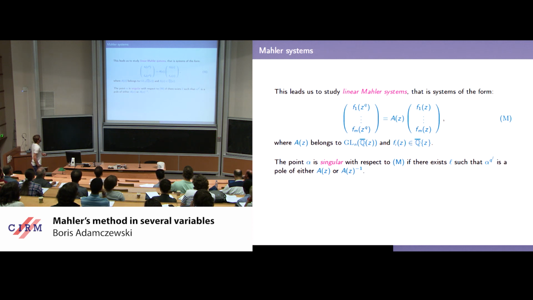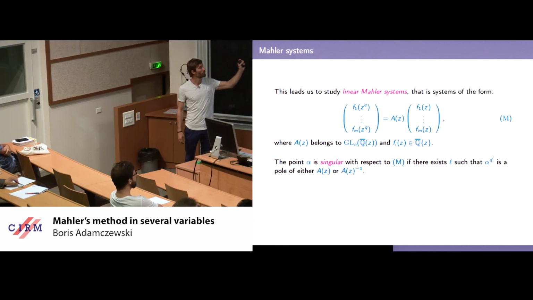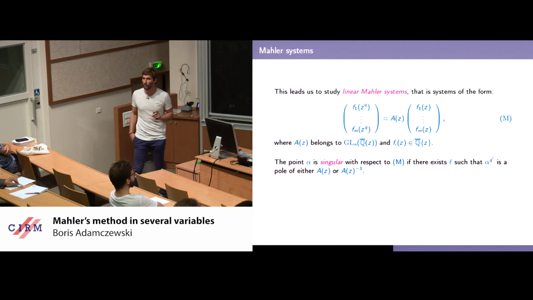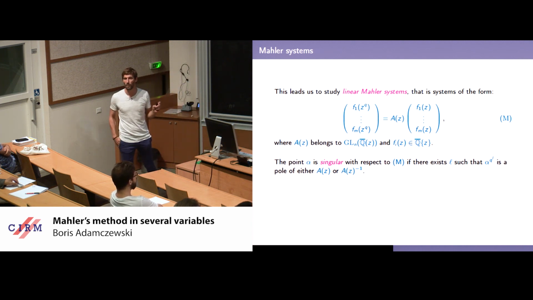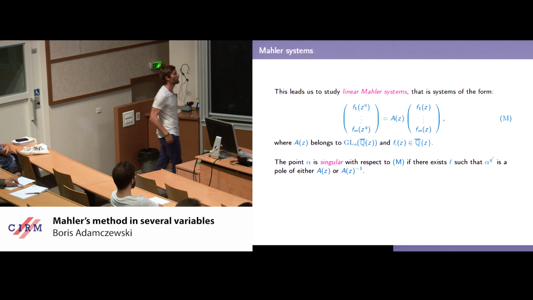So what do we expect about such a system? So first, there are some special points. It's like with differential equations again, which are called singular for the systems, and these are the points whose orbit under the transformation can fall into a pole of the matrix A(z) or a pole of the matrix A(z)^-1. By pole of the matrix, I mean a pole of one of the coefficients of the matrix.